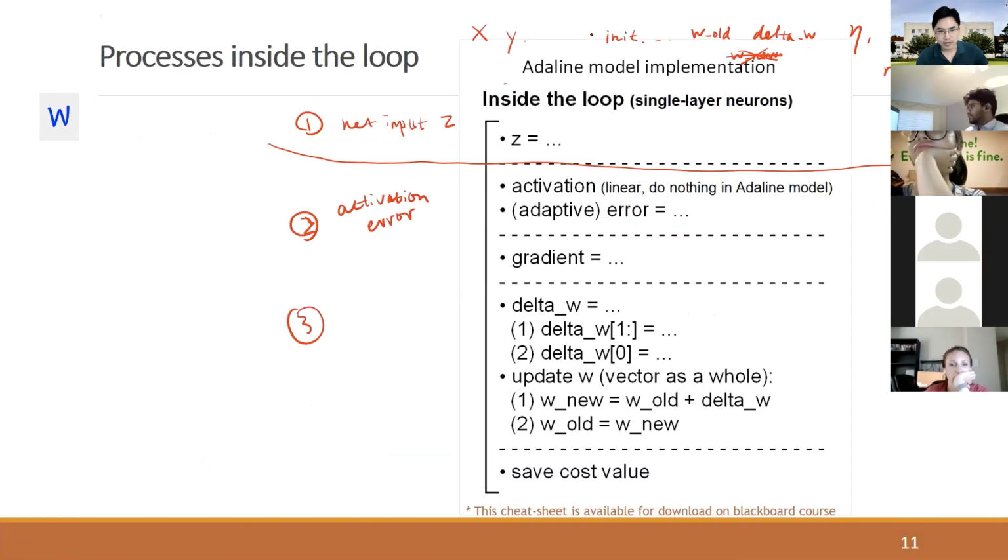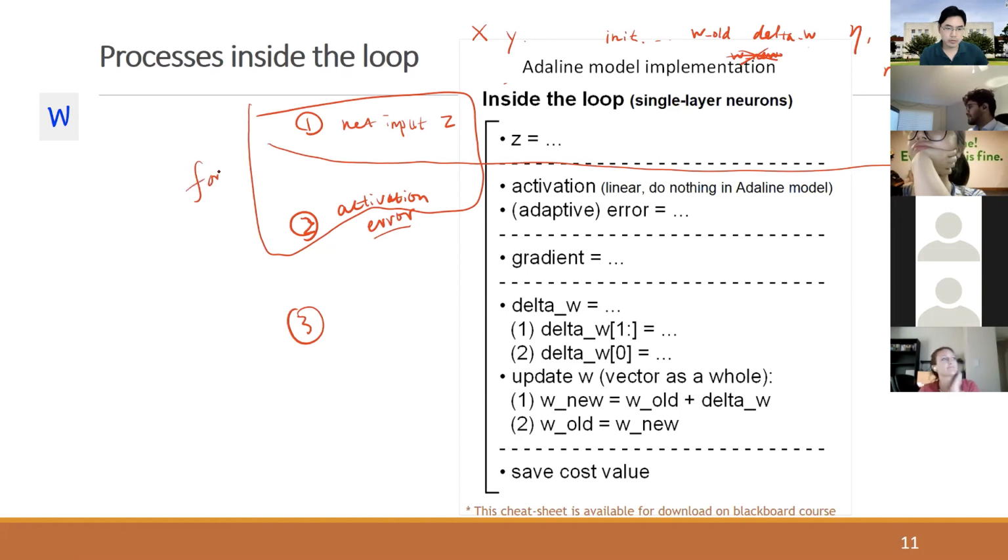So after calculating the activation, you can calculate error. That's the second step. Once you have the error, now you can begin the backprop process. So this is more of a forward prop. Up until activation, it's forward prop. Beginning with error is kind of a backprop process.